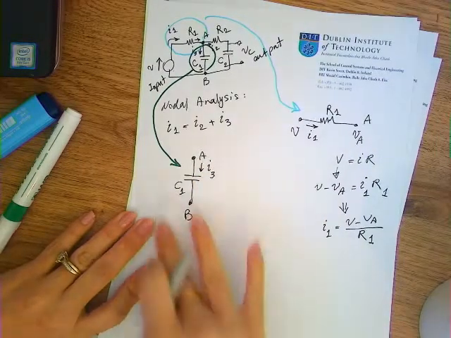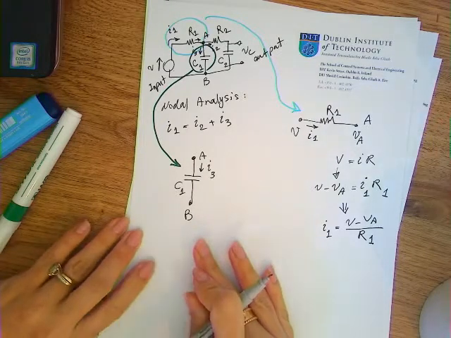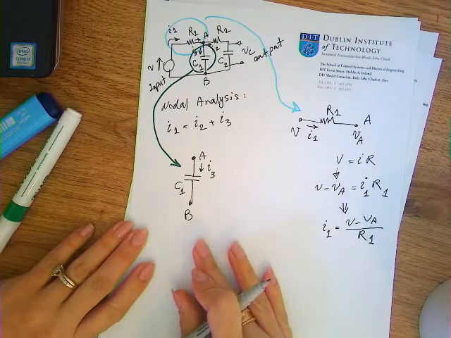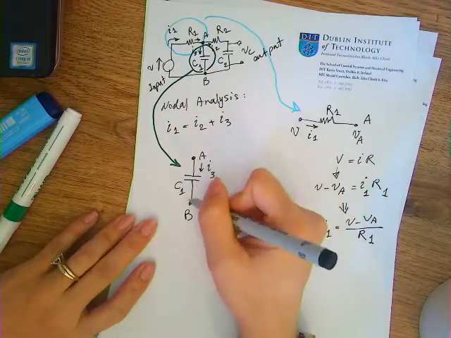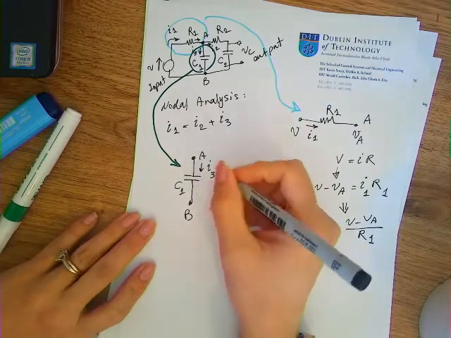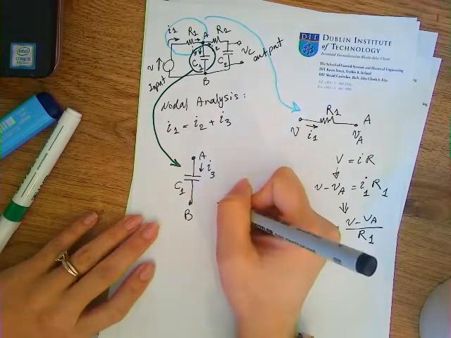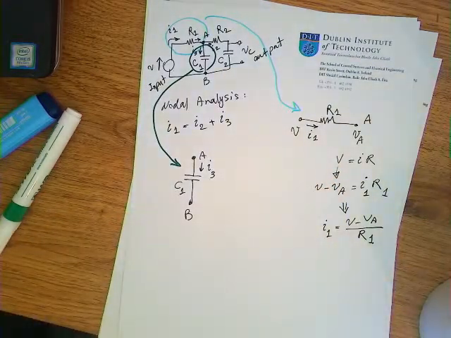Now let's look at this component on its own. If I want to write an equation that represents the relationship between the voltage across this capacitor and the current that is flowing through this capacitor, I can refer to the table.